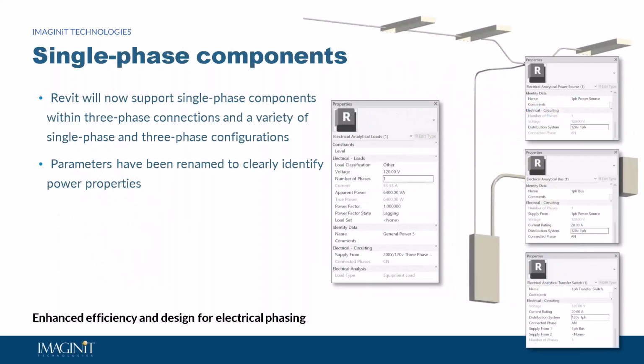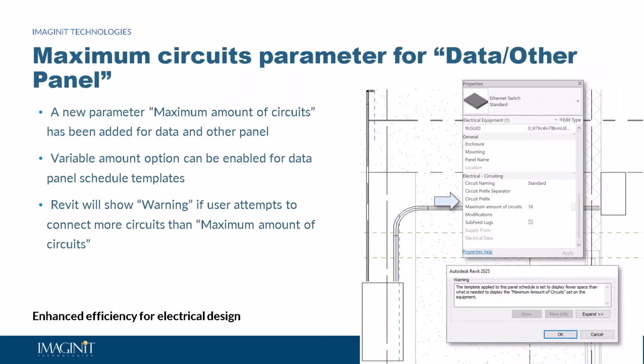Also, the introduction of a single phase within a 3-phase system. I'll show you an example of how to have a single phase component inside of a 3-phase environment. Then on the data panels and some other panels, we have the ability to set the maximum circuits that can be allowed within that particular panel.